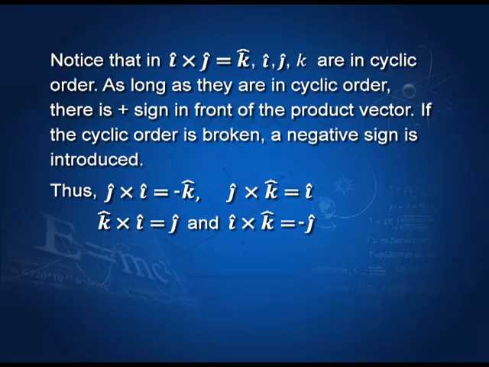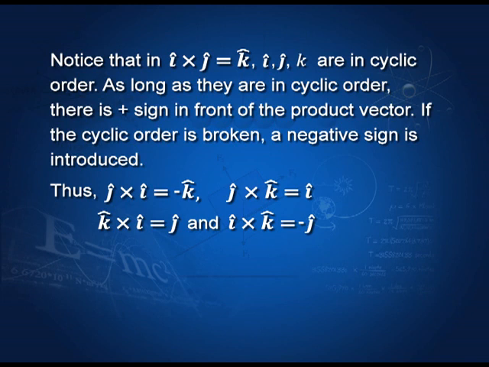Remember this, if i, j and k are in the same order, i j k or j k i or k i j, as long as they are in this order, the sign is plus. If this order is broken, then the sign is minus. Look at this, j cross i is minus k, but j cross k is i, because j, k and i are in the same order.